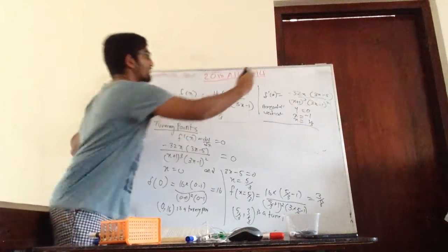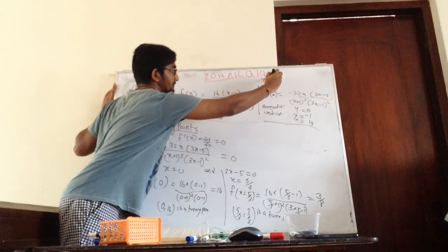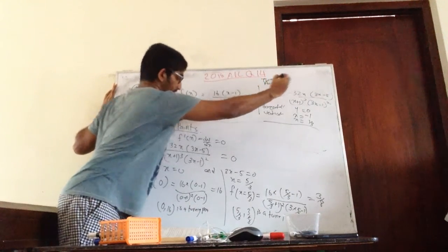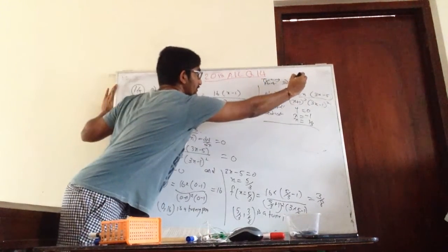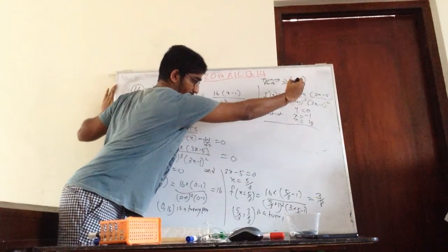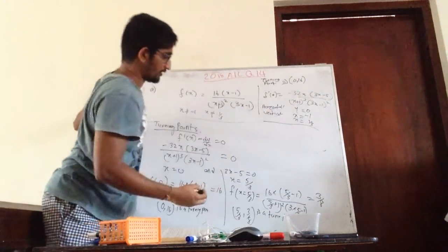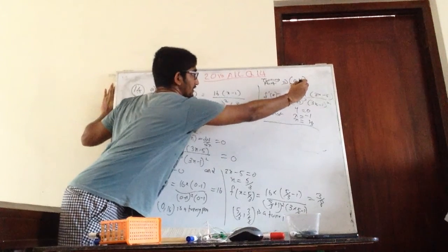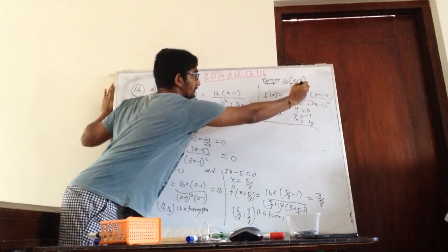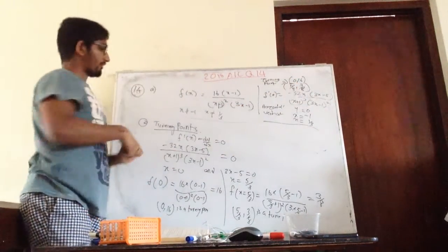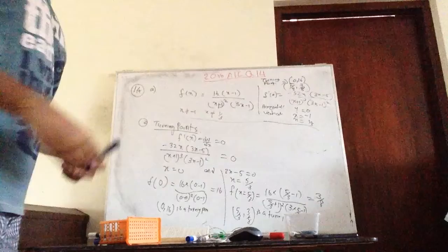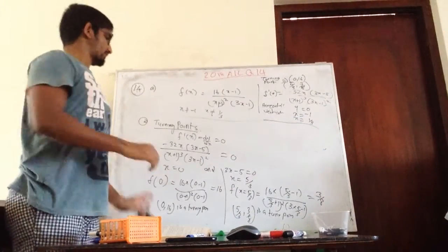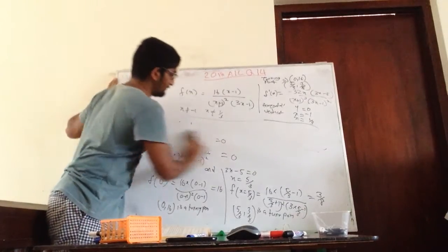Right, so then we have found turning points as well. The turning points are 0, 16 and 5/3, 3/8. Right, so now we found the turning points as well.